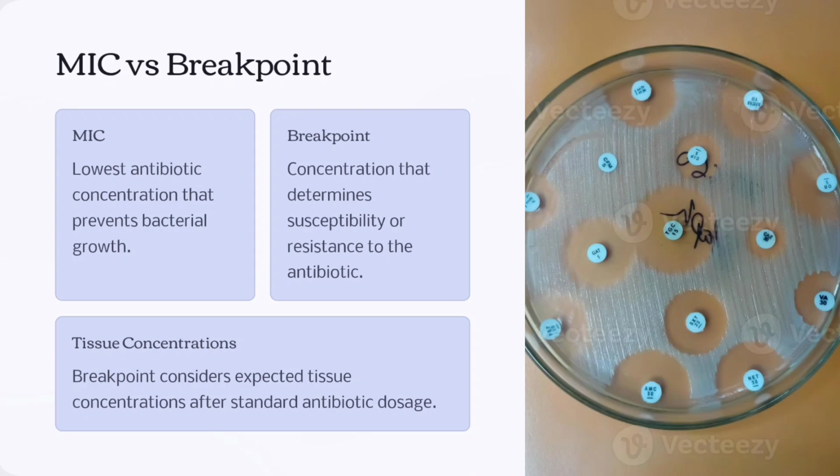Now, an important thing clinically is to know what MIC is and what a breakpoint is. MIC is the lowest antibiotic concentration that prevents bacterial growth, and a breakpoint is a concentration that determines susceptibility or resistance to the antibiotic. Breakpoint also considers expected tissue concentrations after standard antibiotic doses.